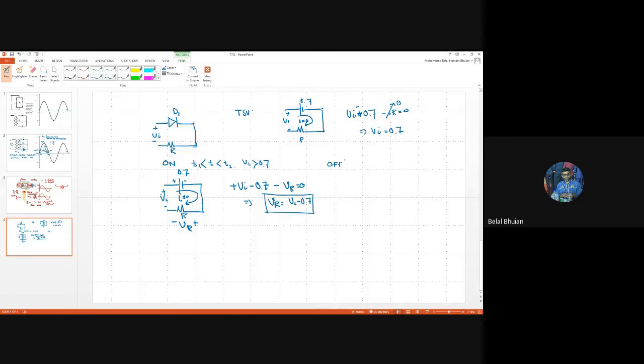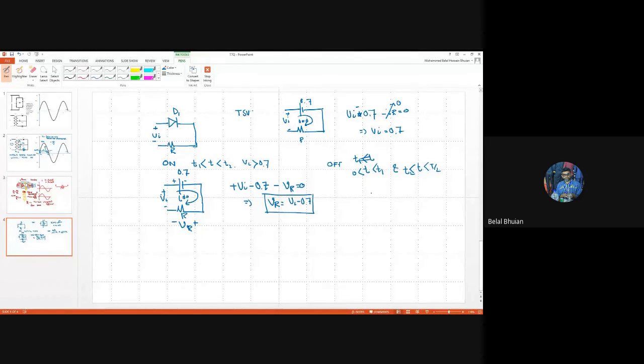Let's find out the input-output relationship when the diode is off, and that is valid for t greater than 0 and less than T1, and t greater than T2 and less than T by 2.